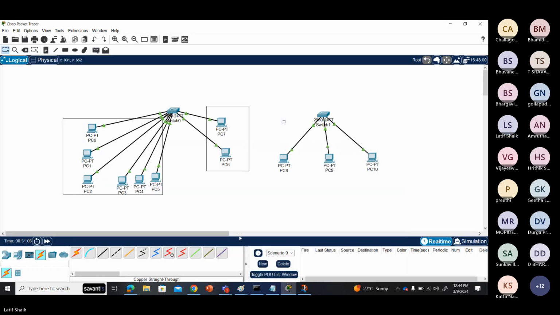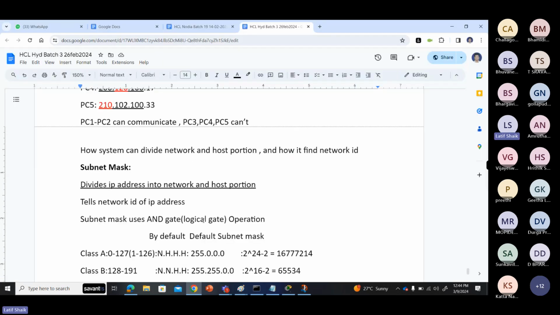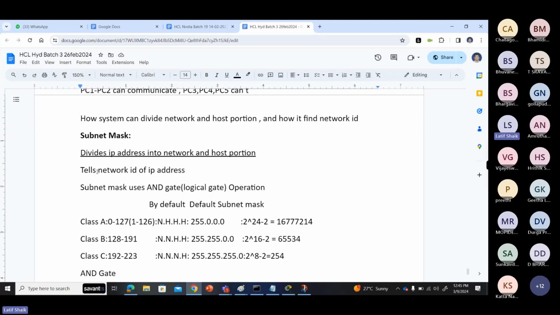So how can systems understand their network portion and host portion, and how do they get their network ID based on their subnet mask? When you assign an IP address to a system or a device, you give an IP address and a subnet mask.